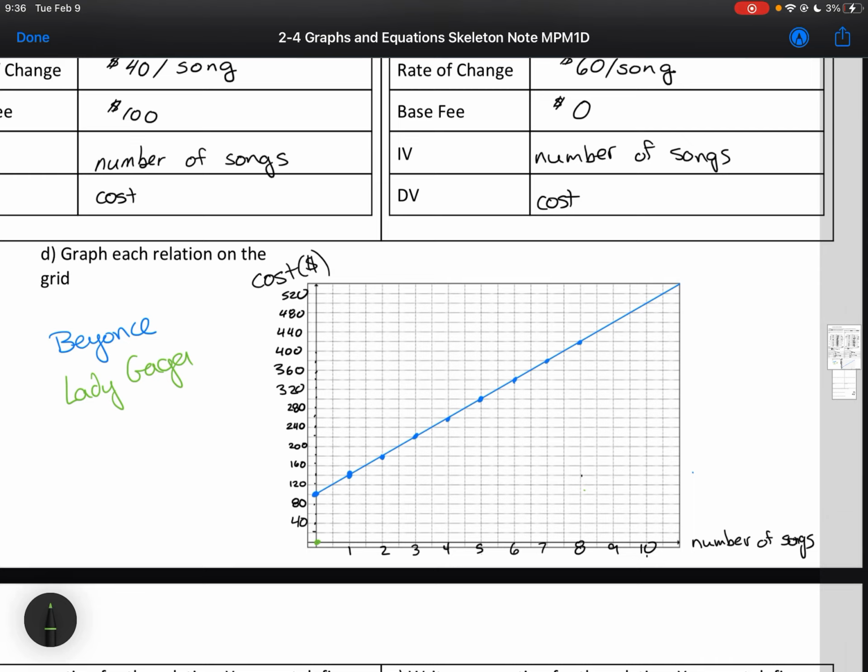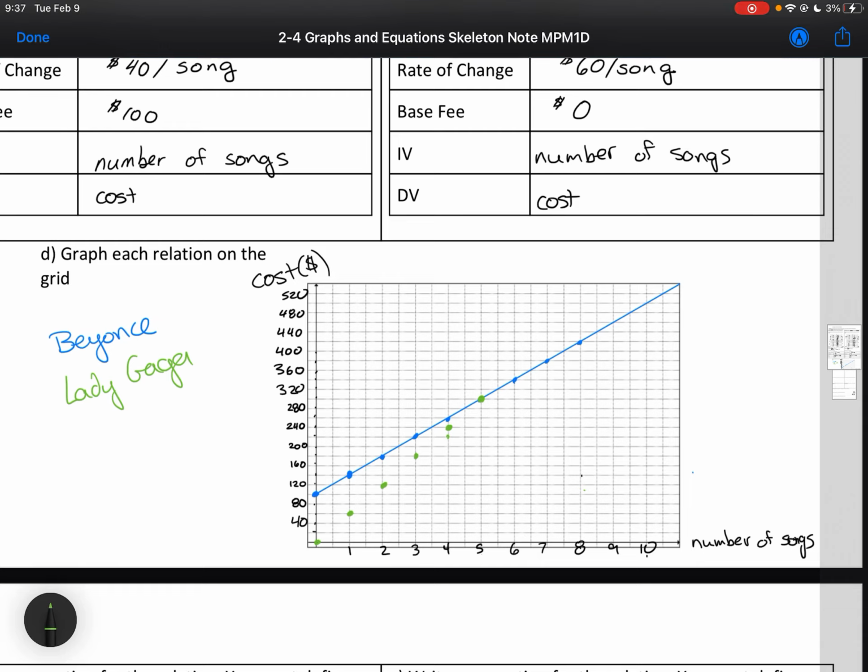So for Lady Gaga, she was 0 songs and $0. 1 song was $60. 2 songs was $120. 3 songs was $180. 4 songs was all the way up here, so adding another $40 would be up here at $220. And then 5 songs was $300.